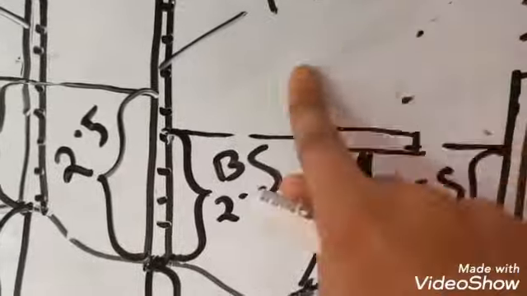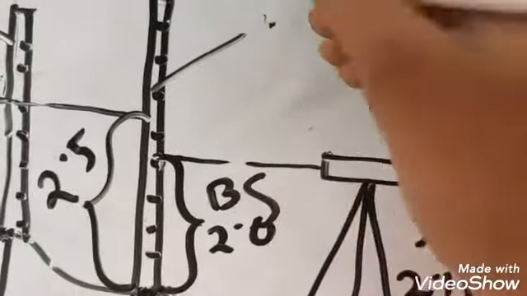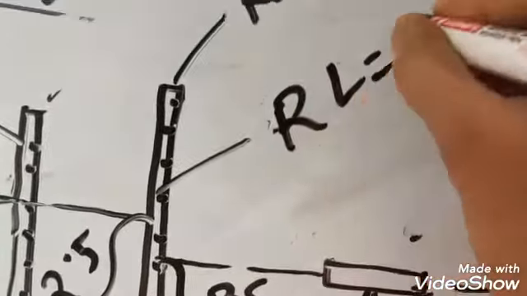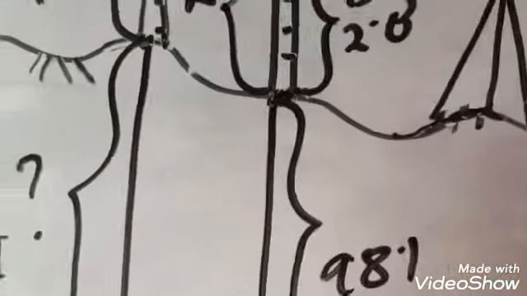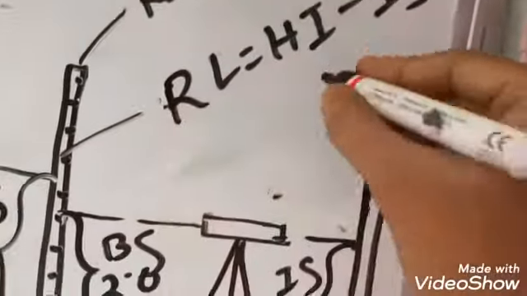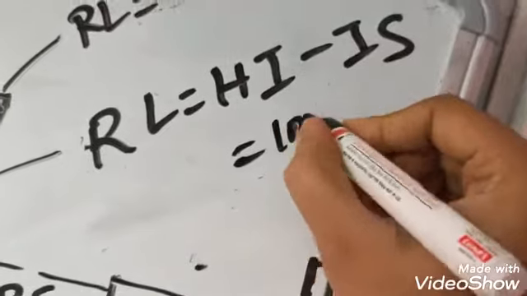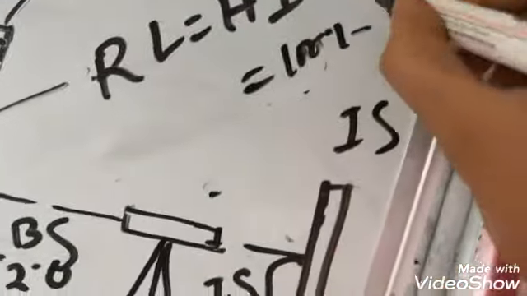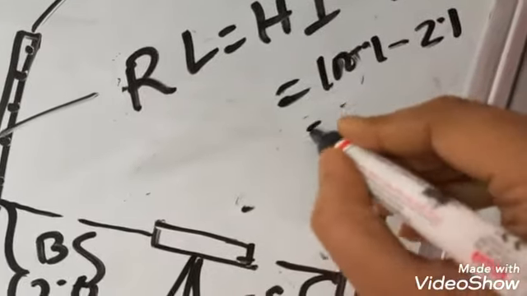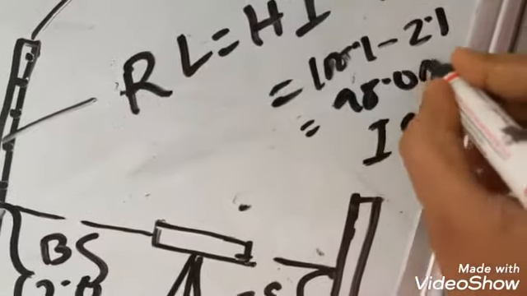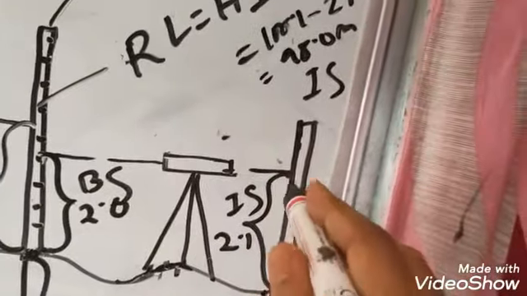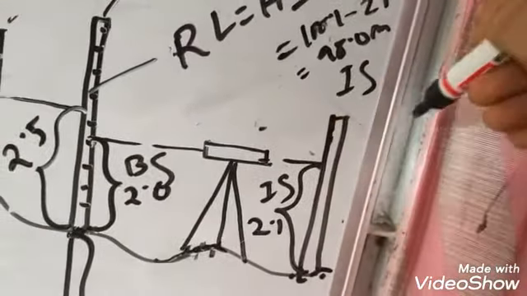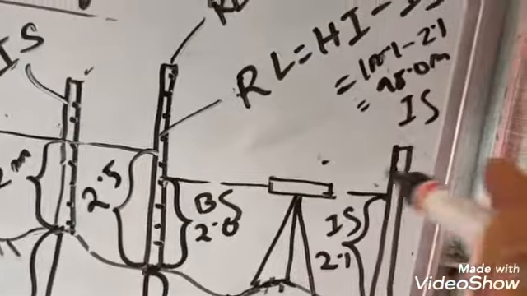It's going to be very easy. RL is going to be height of instrument minus the intermediate side. Height of instrument was 100.1 minus IS 2.1, so it is 98. So the RL is 98, and again we'll continue survey in this direction.